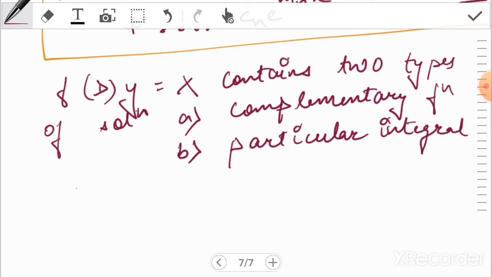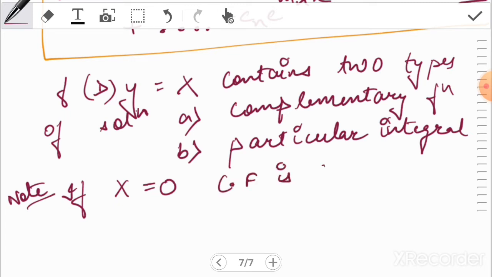Note that if X is equal to 0, the complementary function is called the general solution.